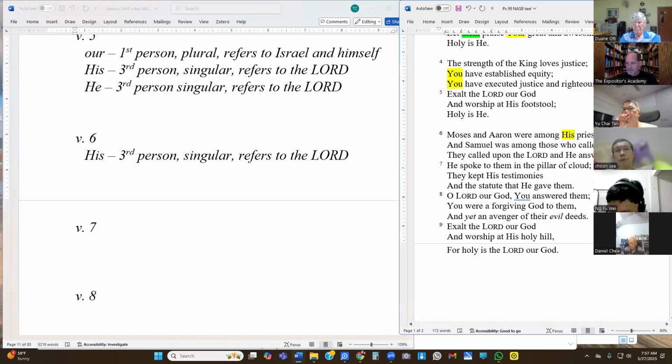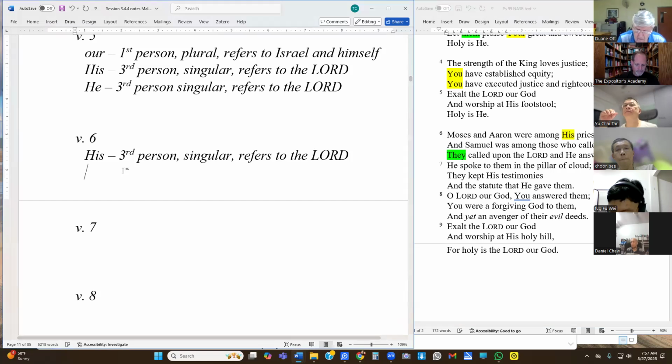And we see it again there. Same case. And on the third line, another pronoun is "they." They refers to the people of Jacob or the people of Israel.